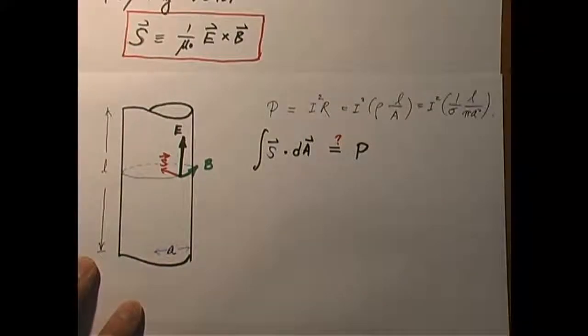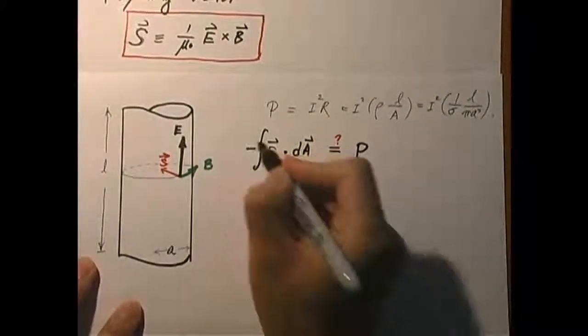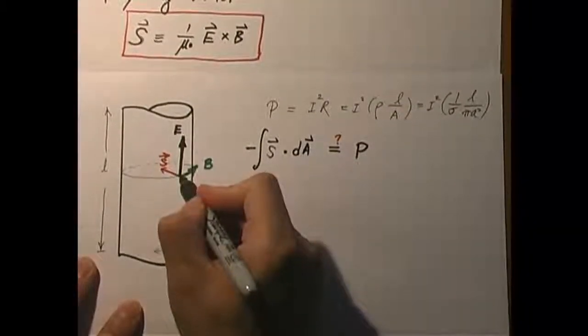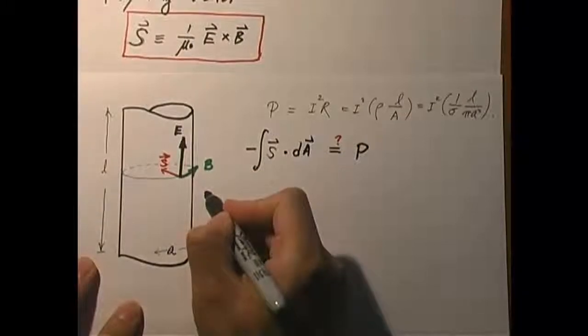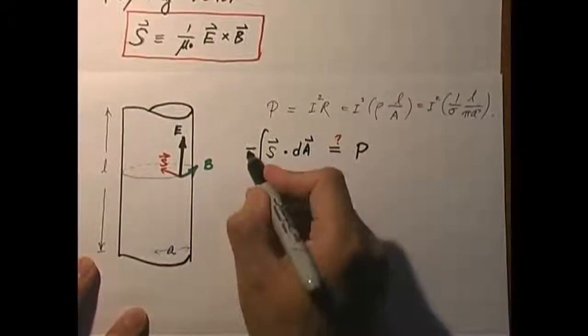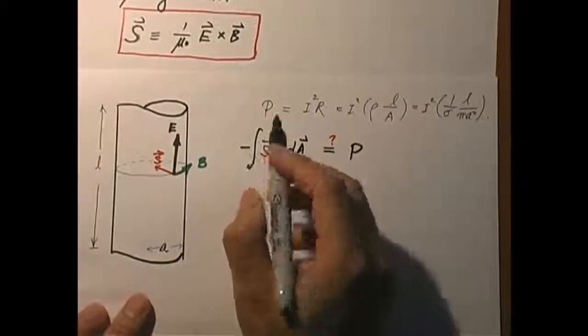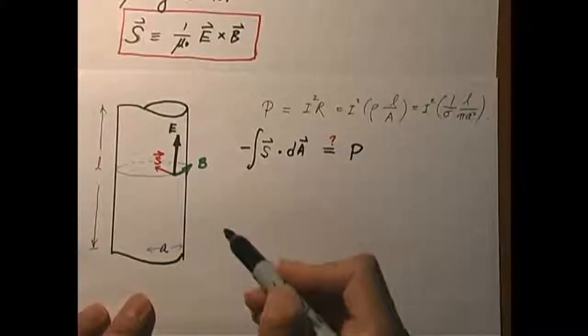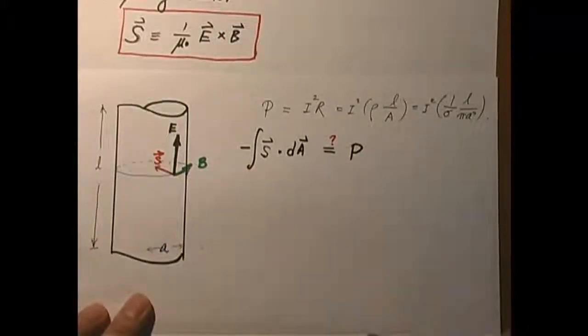But before we can do this calculation, please make sure you attach a negative sign. You can see that because S goes inward and dA by definition is a vector going outward, so S dot dA itself is negative. You have to cancel that with another negative sign. This negative sign simply means the electromagnetic energy flows into the surface, not out of it.